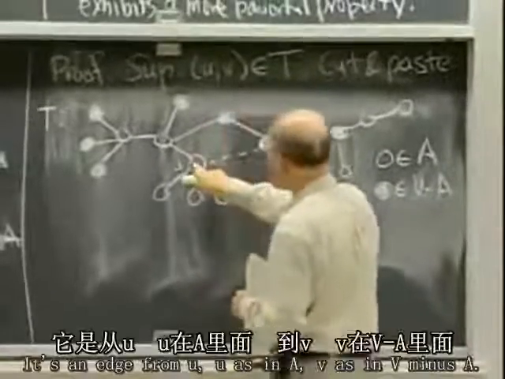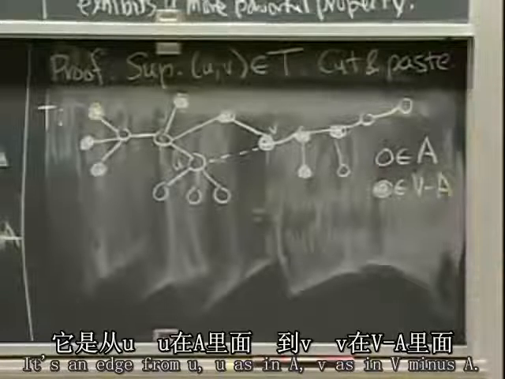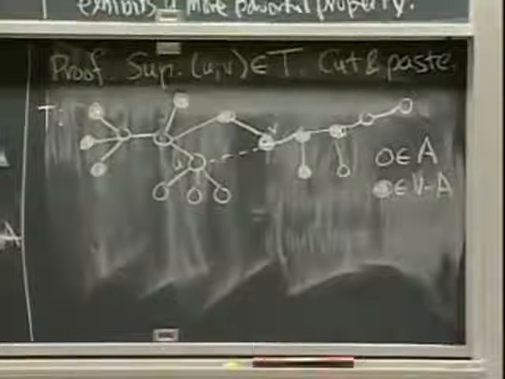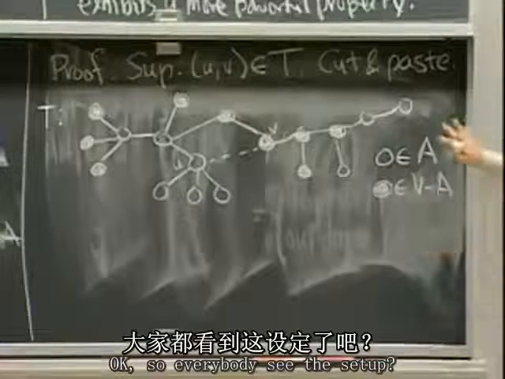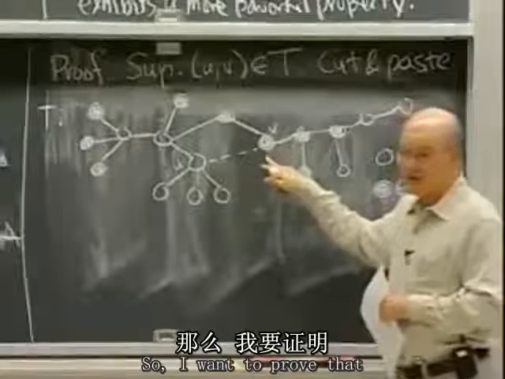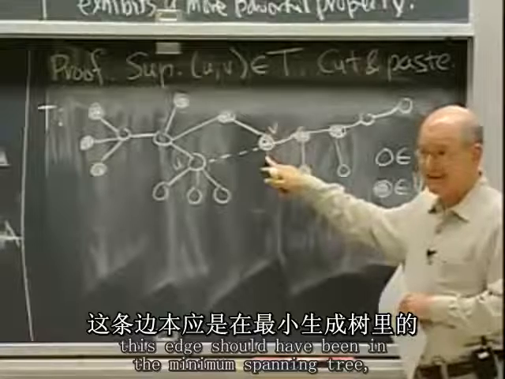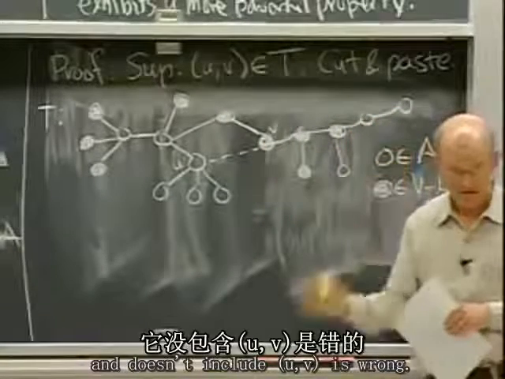It's an edge where U is in A and V is in V minus A. Everybody see the setup? So I want to prove that this edge should have been in the minimum spanning tree, that the contention that this is a minimum spanning tree and doesn't include UV is wrong.